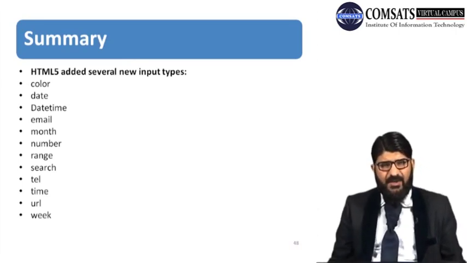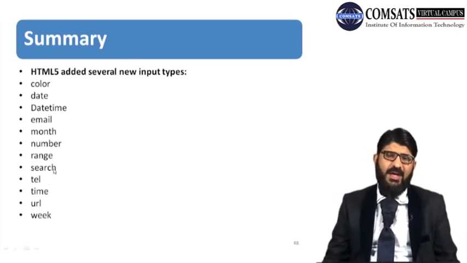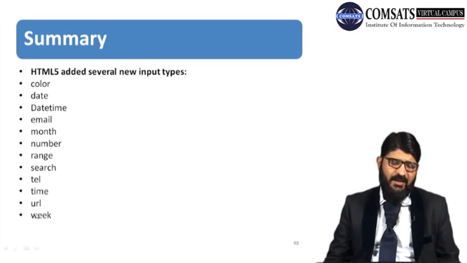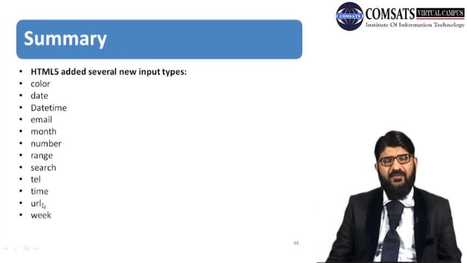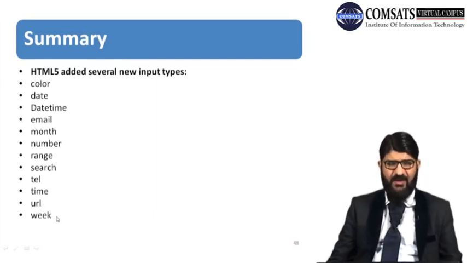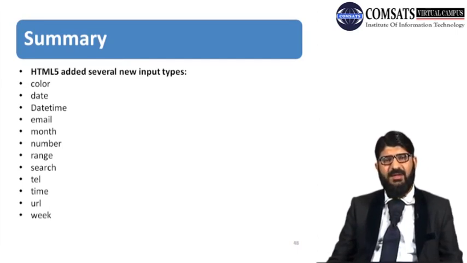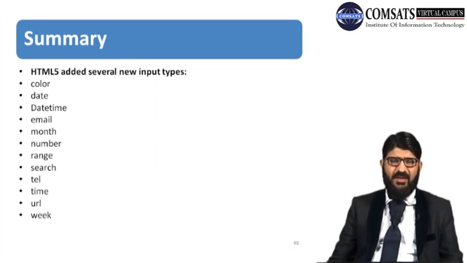Then URL: if you want to take a URL from the user, you can use the URL option, and by providing the URL option on web forms, you can take the input from the user as a web address. Week is another option provided as a form element to take input from the user in terms of week.